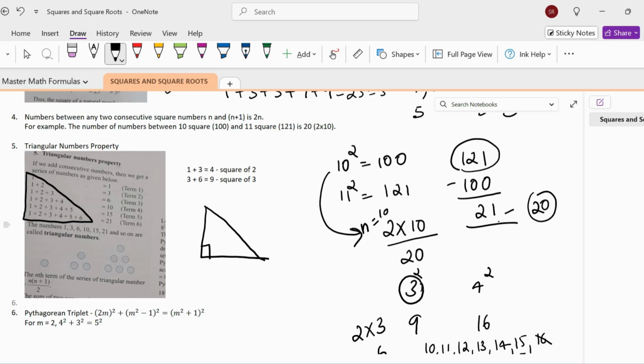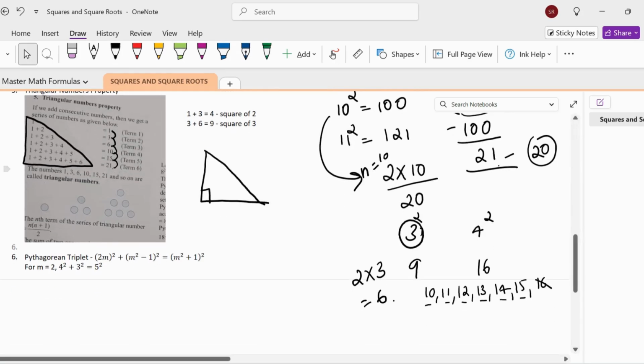But when you add two consecutive triangular numbers, you get square numbers. Can you see? 3 plus 1 is 4, which is 2 squared. 6 plus 3 is 9, which is 3 squared. 10 plus 6 is 16, which is 4 squared. 15 plus 10 is 25, which is 5 squared. 21 plus 15 is 36, which is 6 squared.